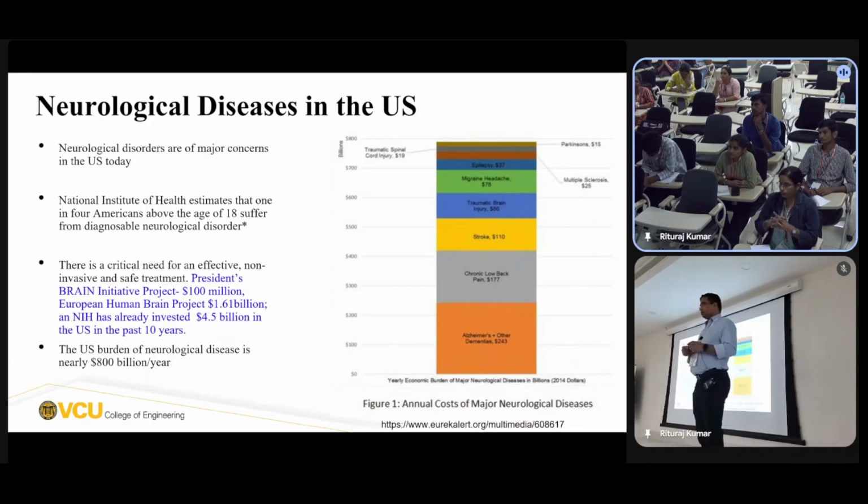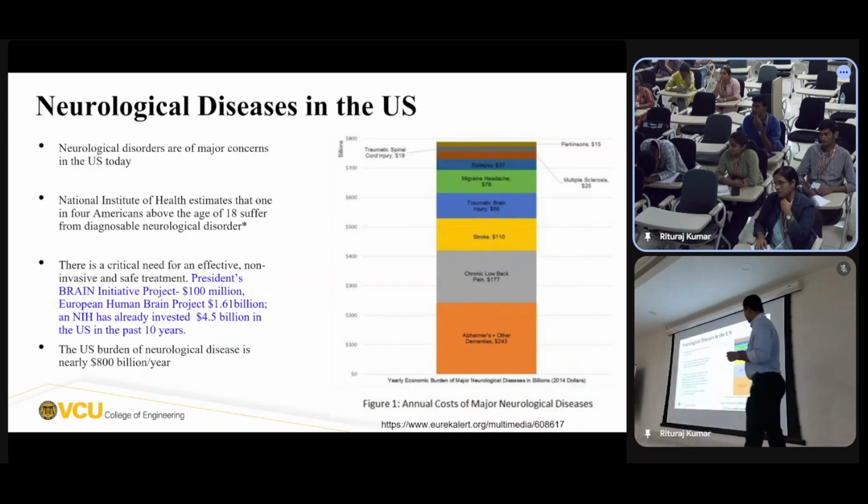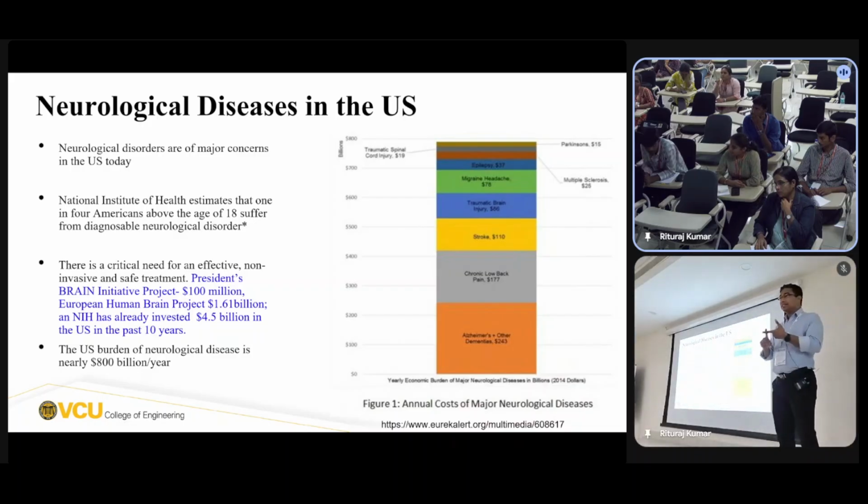What are the ways for the brain? MRI, magnetic resonance imaging. Do you know what that is? So MRI is one. You can have a CT scan as well.